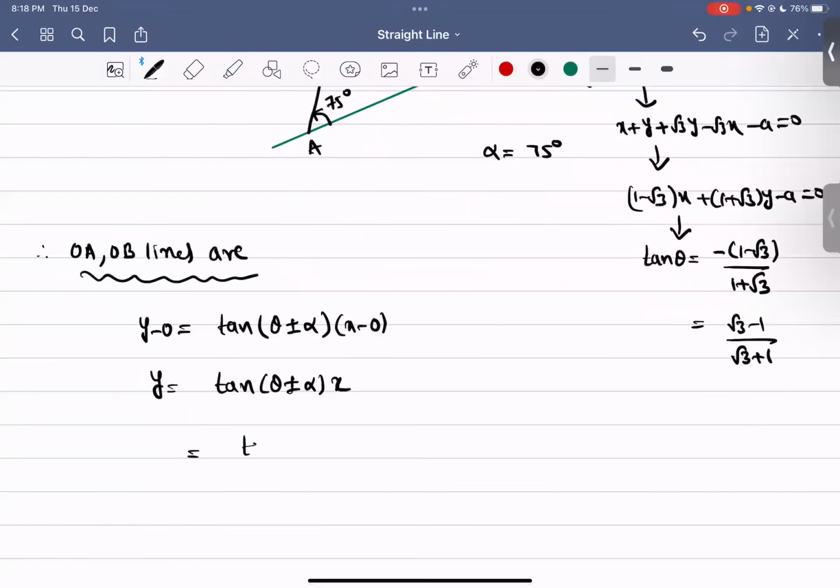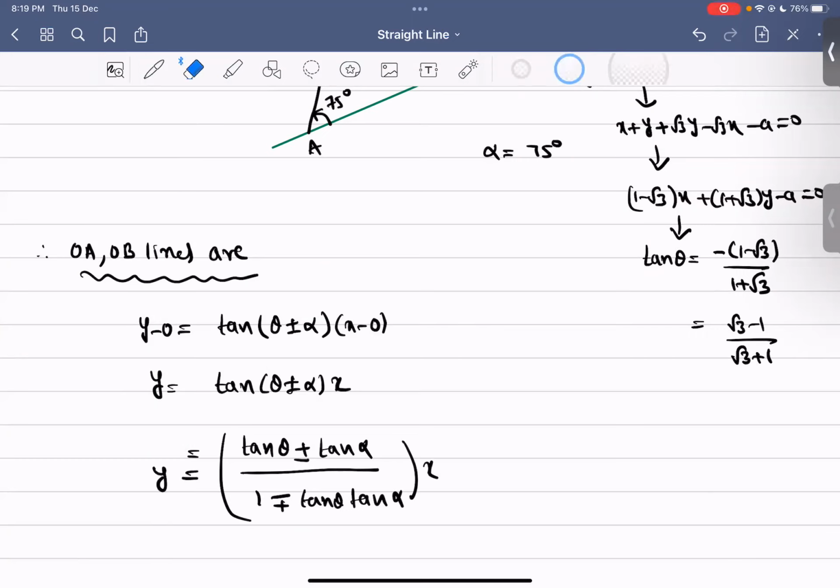Now this tan of theta plus or minus alpha is tan theta plus or minus tan alpha over 1 minus or plus tan theta into tan alpha, into x is equals to y. These are the required lines.